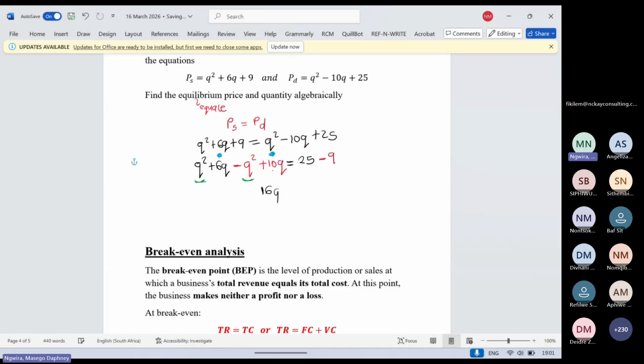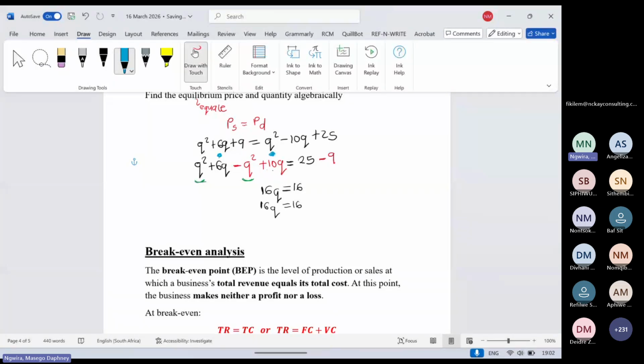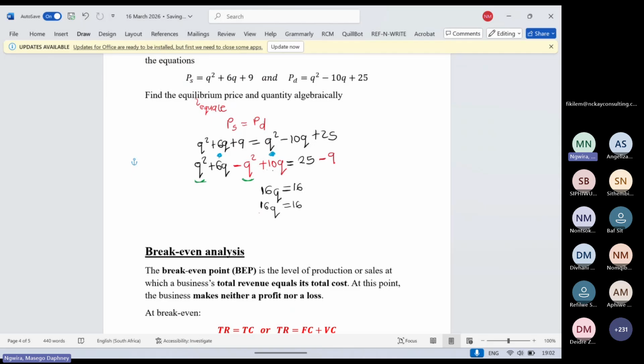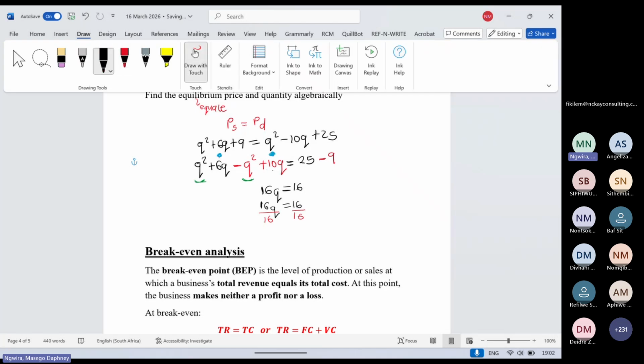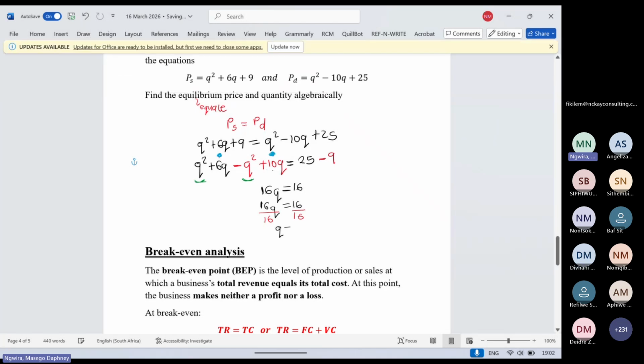There's no need to write the 0. This is equal to 25 minus 9, which is 16. Now I need to solve for Q, so I must divide both sides by 16 to remove the 16 because I want Q. My Q is going to be equal to 1, because 16 divided by 16 is 1.